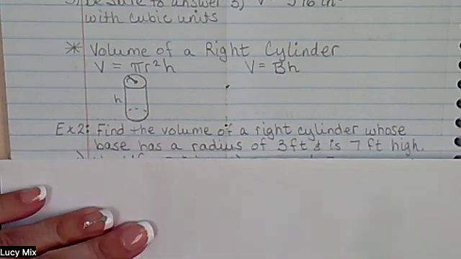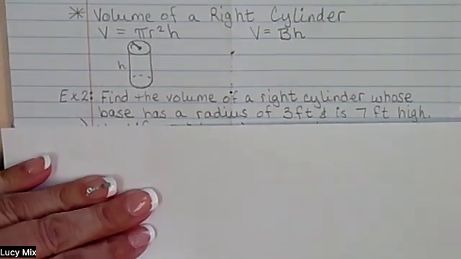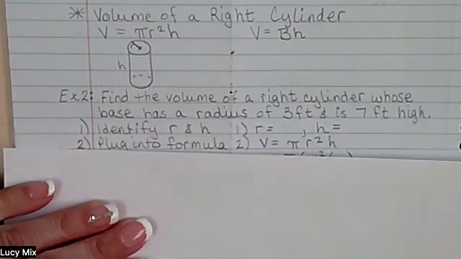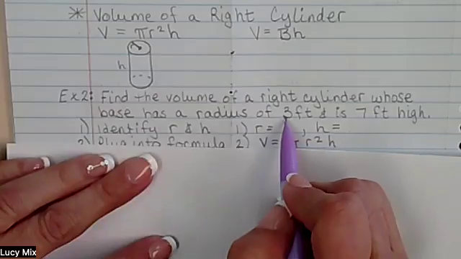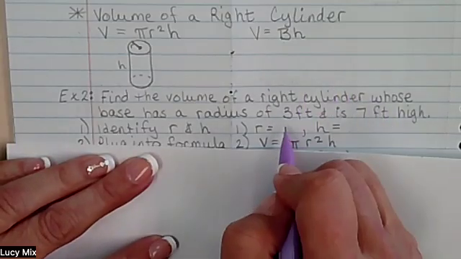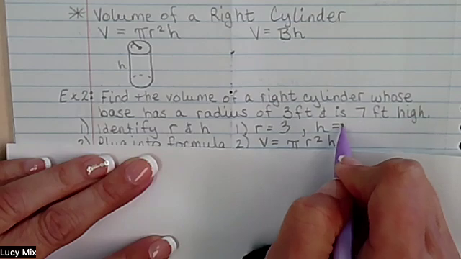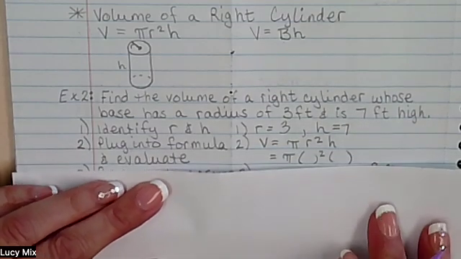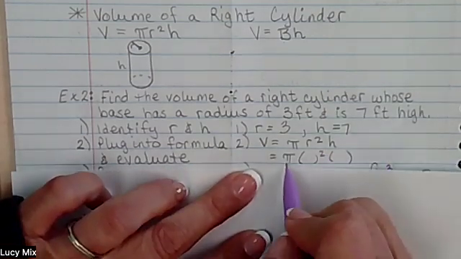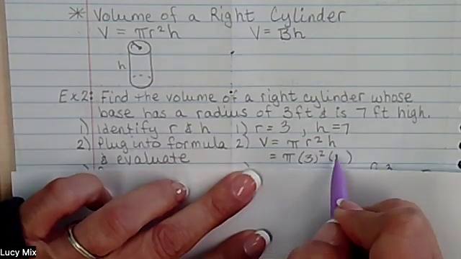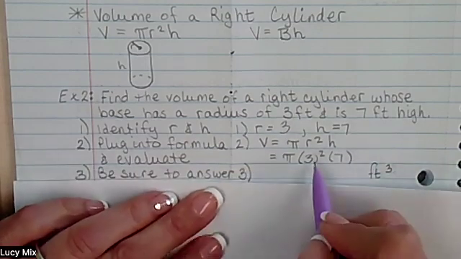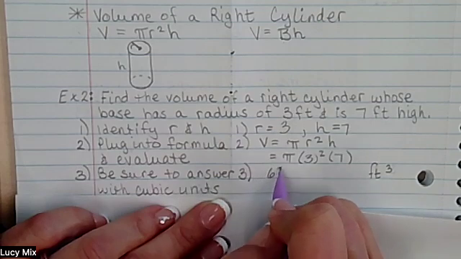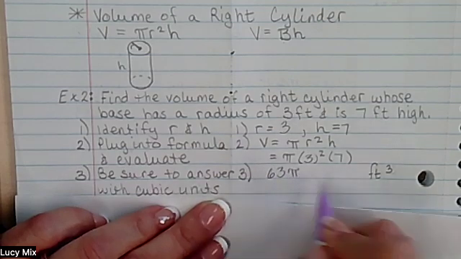All right, so we're going to find the volume of a right cylinder whose base has a radius of 3 and is 7 feet high. So identify radius and the height. 3 feet for radius, 7 feet for height. Plug it into the formula and evaluate that. 3 squared is 9. 9 times 7 is 63 pi.